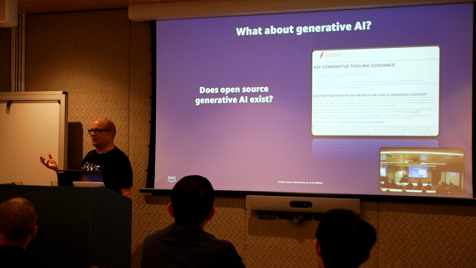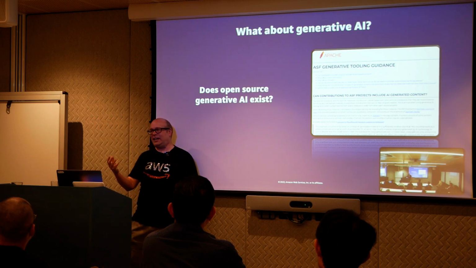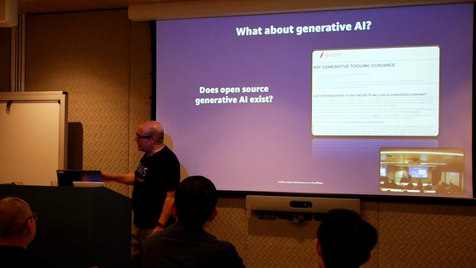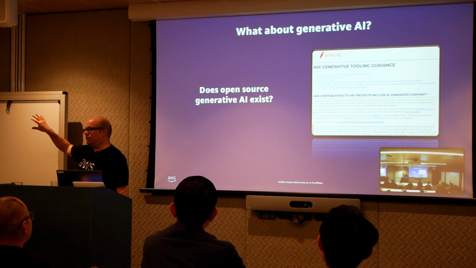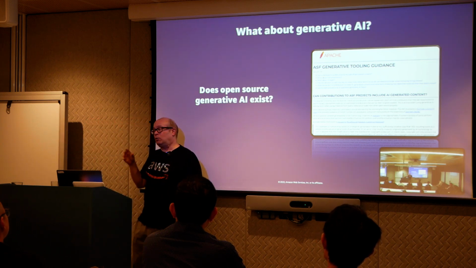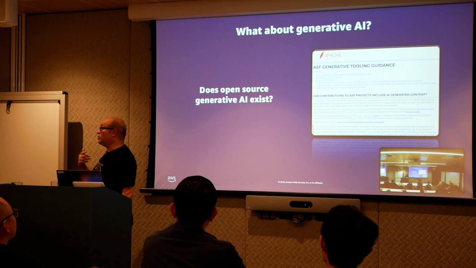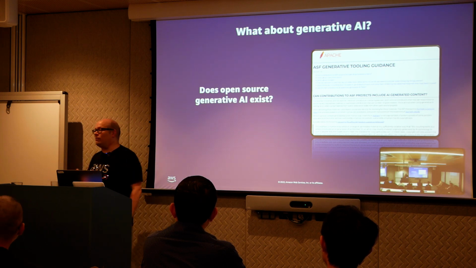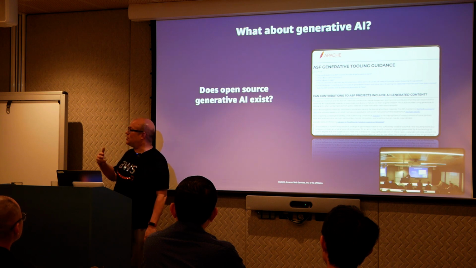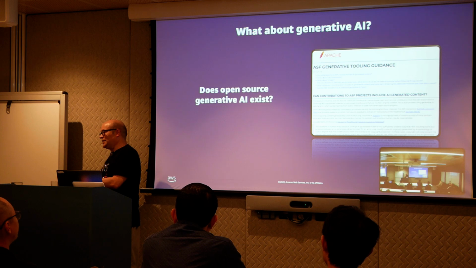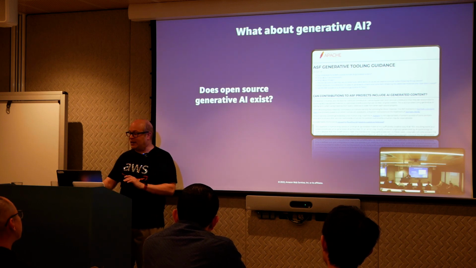Imagine you're a startup with a really good idea, and you've built it all using generative AI. This is why on the Apache website, they say the output of generative tools cannot be seen as your work. One of the requirements when contributing to Apache projects is that it has to be your work. So by extension, you cannot contribute code using these tools to Apache projects. It's an interesting conundrum.